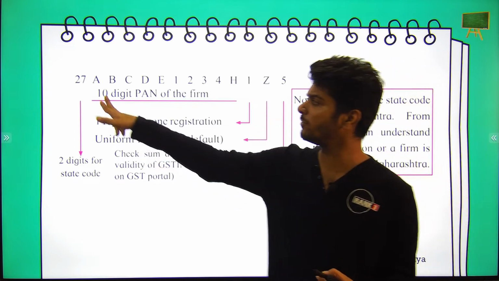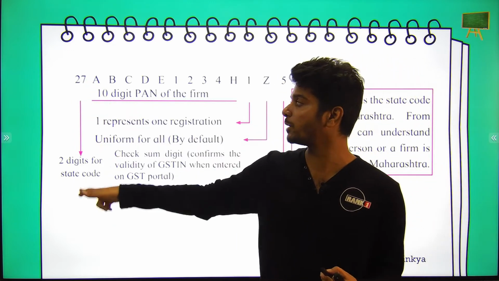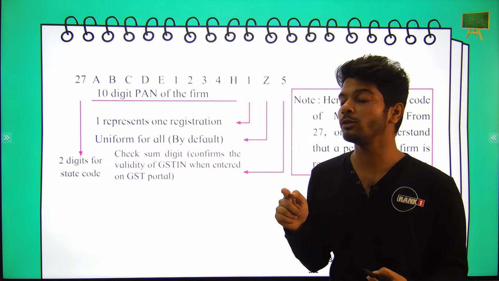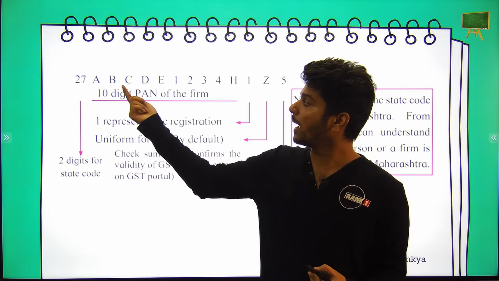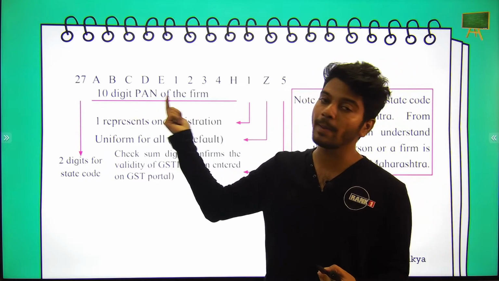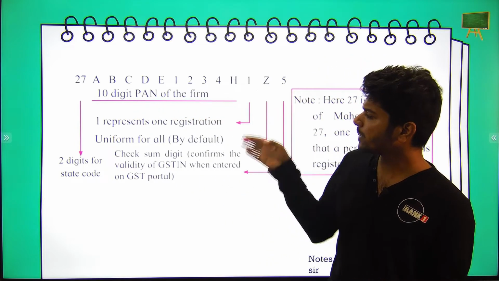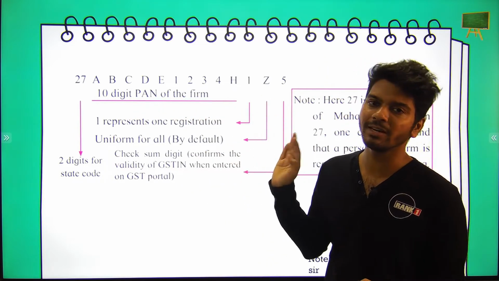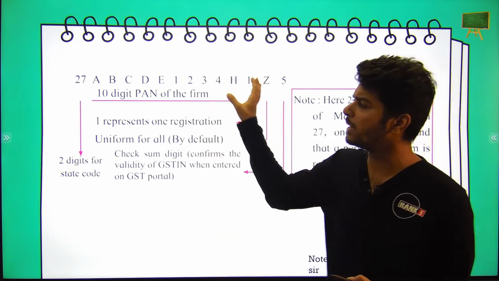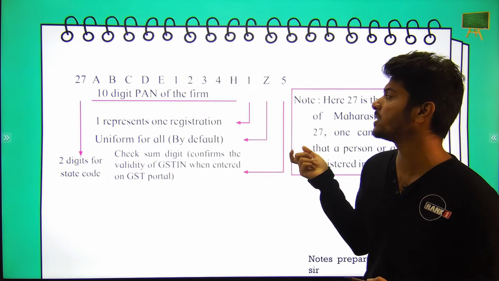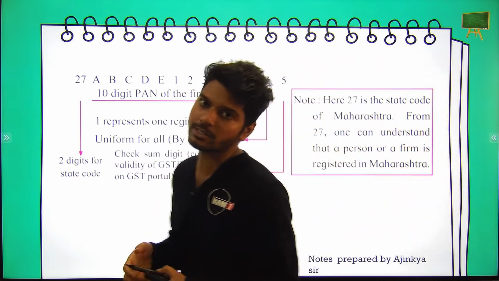The first two digits represent the state code. 27 is the state code for Maharashtra, and this is the 10 digit PAN of the firm. Everything is given in detail, and you can find these details on the website. Nobody is going to ask you the format of the GST number, but this is for reference purposes.